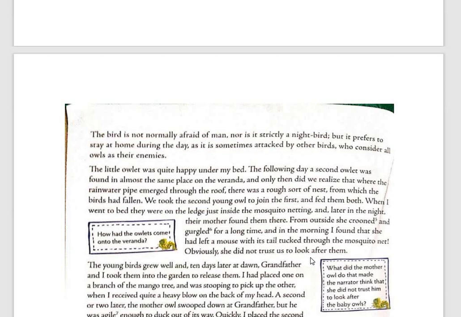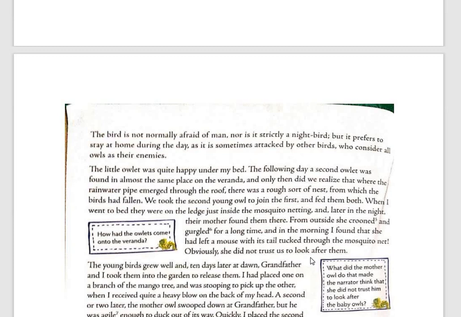It doesn't get afraid when it sees a man, nor is it strictly a night bird. Often we say that it is a night bird, but it's not always a night bird, but it prefers to stay at home during the day. You can't categorize an owl as fixedly a night bird. It's not like that. The narrator is denying this fact.